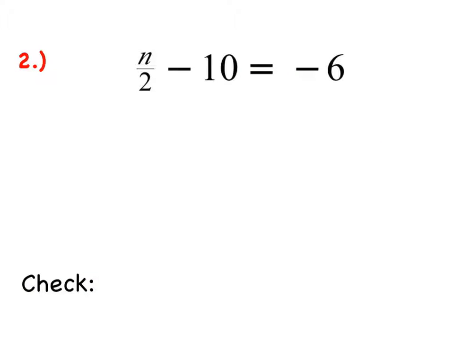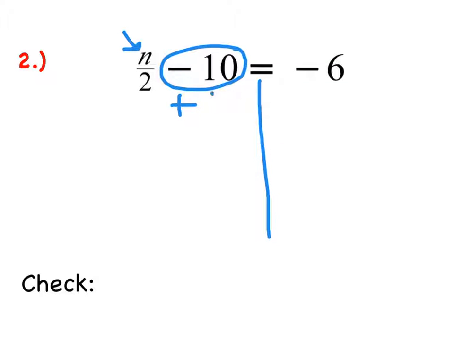So I'm going to find the equal sign and draw a line down. Then I'm going to look for my variable. It's right there. I want to add or subtract any numbers on the same side as my variable. So in this case, since I have a negative 10, I'm going to do the opposite, which is a positive or addition of 10. Okay? So negative 6 plus 10 is going to be positive 4.